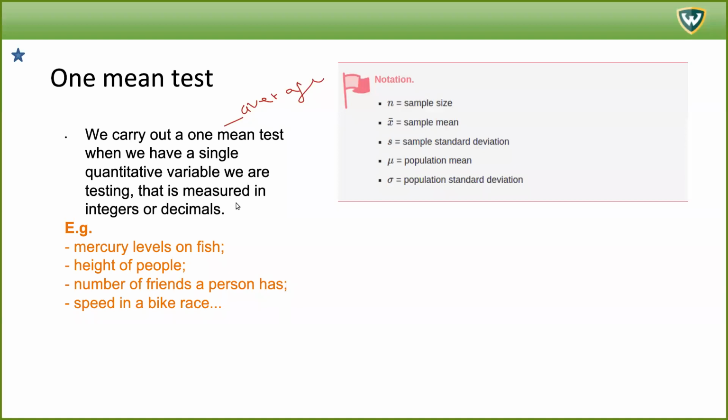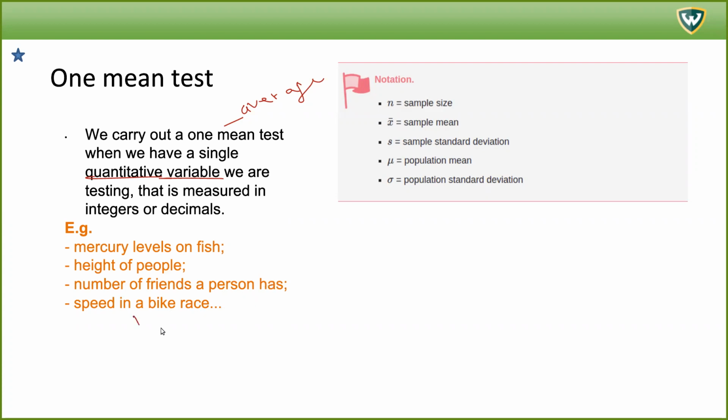It's just a value, and it could be any value: 3, 5, 10, 100, 1,000. It depends on what the variable is, and there's really an infinite number of things we could measure. Mercury levels in fish, height of people, number of friends a person has, speed in a bike race.